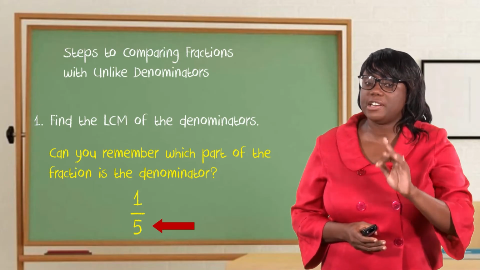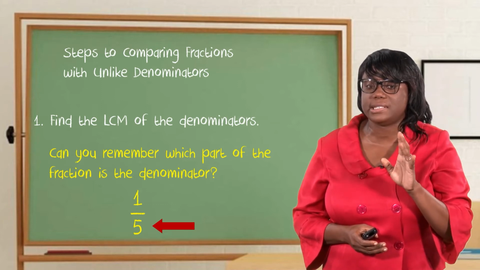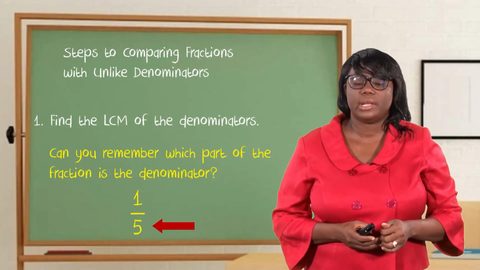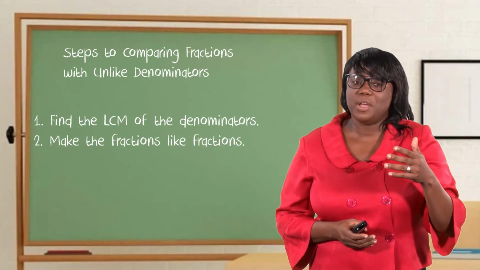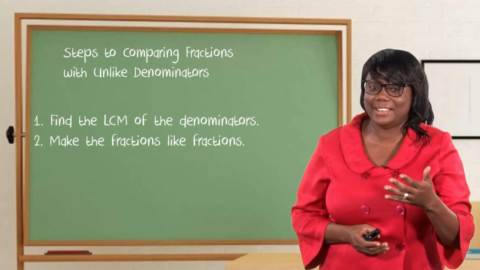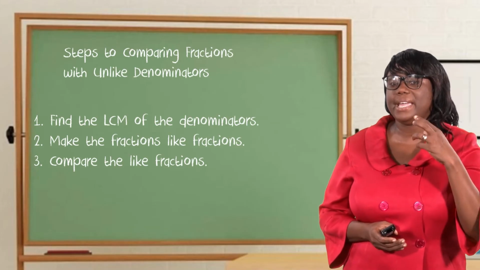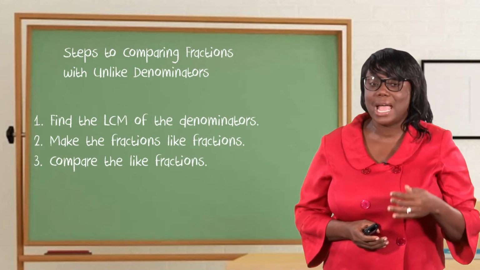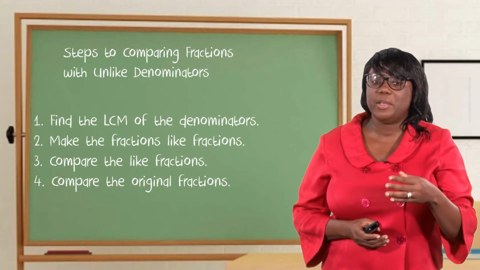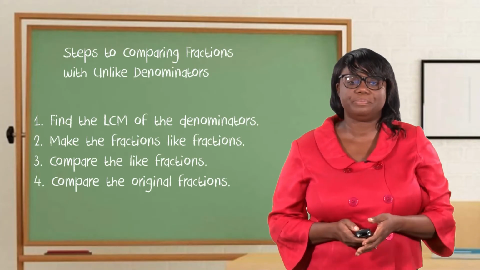So in our first step, we have to find the LCM of the denominators in the fraction. Then the next step, we have to make the fractions like. The third step, we have to compare the like fractions. And the final step, you have to compare the original fractions.